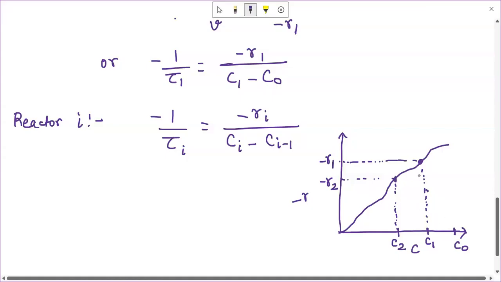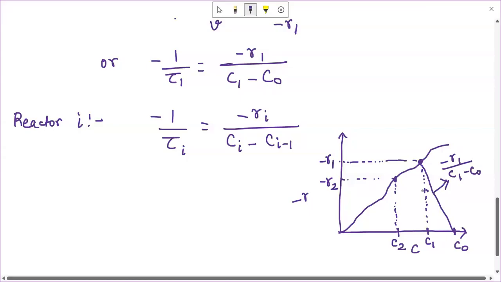Now if you draw a line between these 2 points, that is C0, the initial concentration, and the point on the rate curve that corresponds to C1 concentration, then this line is essentially minus R1 by C1 minus C0.